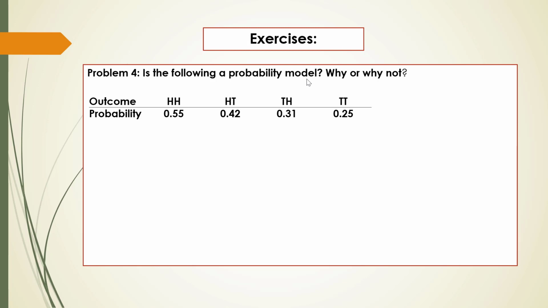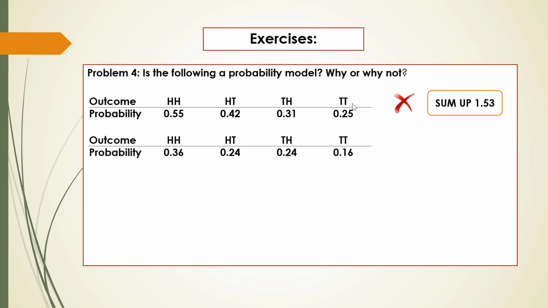And the second thing is that they add up to 1. So here we see the first property is satisfied. All of these numbers are between 0 and 1. However, they add up to 1.53. So this is not a probability model.